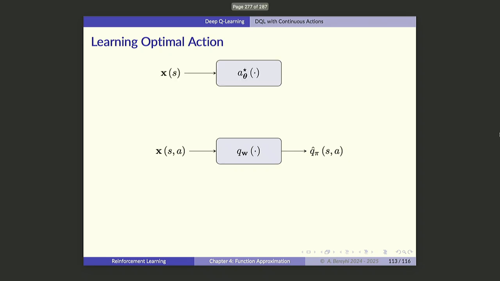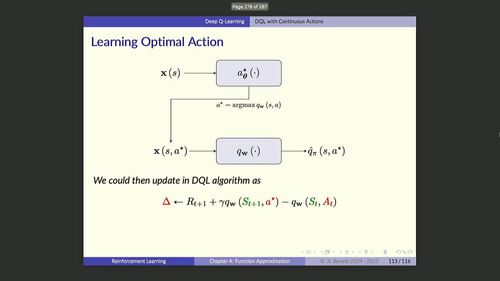If I do have another neural network, and that neural network looks at this state only. It doesn't care about the action, right? It just looks at the state where I am right now, and it's going to tell me, well, I don't know what the value is, but I do know that if you do this particular action A star, then you're going to get the maximum value, right?